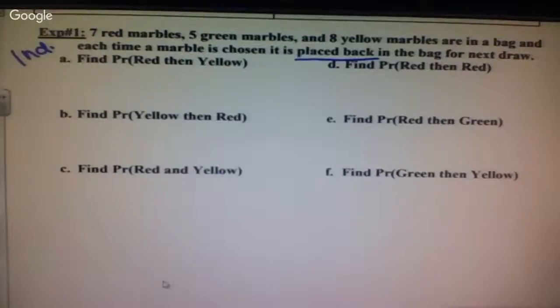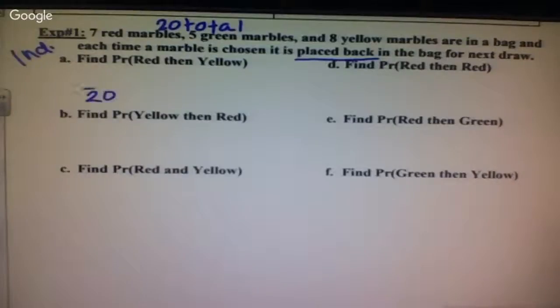So, before I start probability, let's figure out how many total marbles I have. If I have 7 red, 5 green, 8 yellow, that's 20 total. So I want to pick a red, then a yellow. I need to first get the probability of a red.